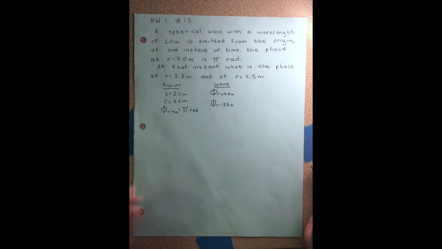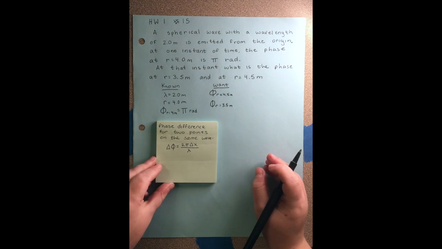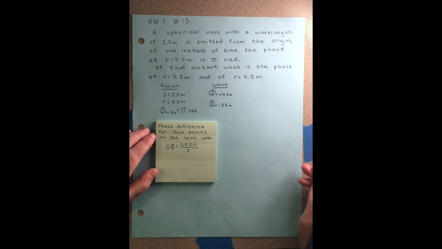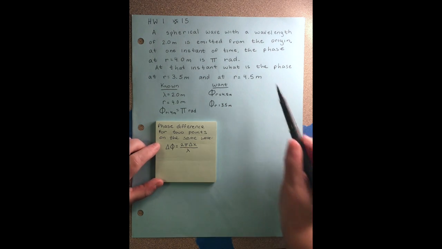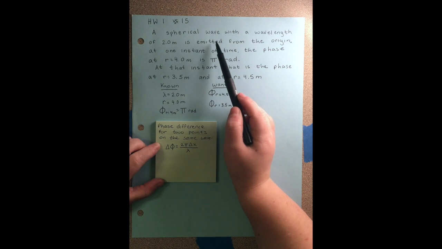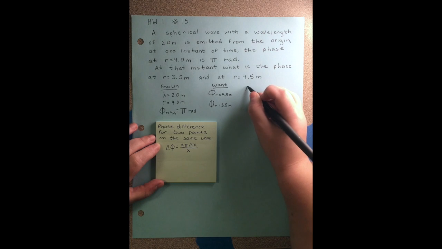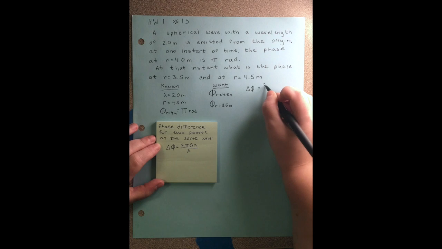Now that we have all that written out, it's nice to find an equation that can sort of tie all of that together. And I found this equation, which is an equation for the phase difference for 2 points that are on the same wave. And since this says just a spherical wave, you can assume that the points are on the same wave. So that says that the phase difference is equal to 2 pi times the change in x over the wavelength.